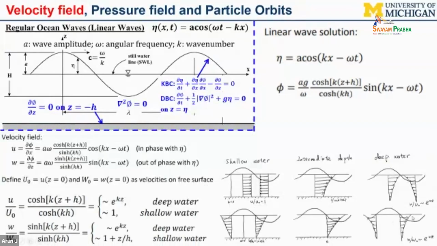Deep water has an e^(kz) relationship, so with water depth the vertical dimension changes quickly. This gives you some sense about the vertical particle velocity.